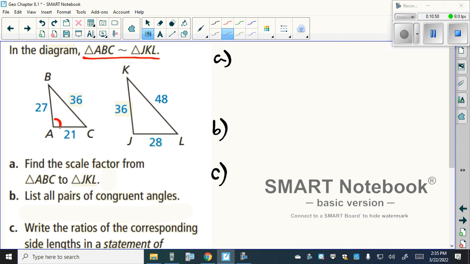Well, we'd have A and J. Both of them came first, because when we talk about similarity or congruency statements, they follow the same path.